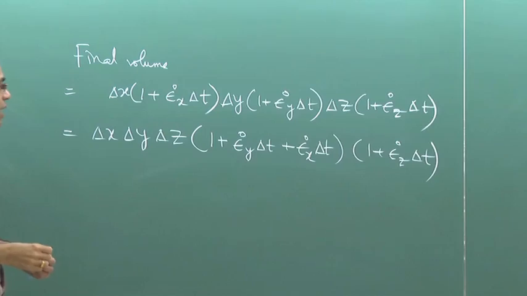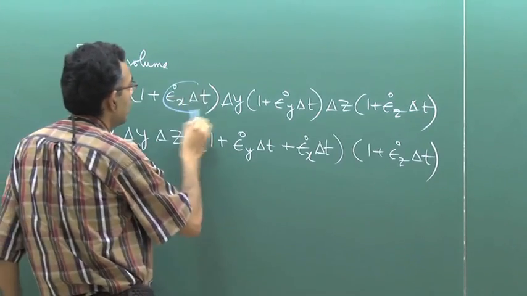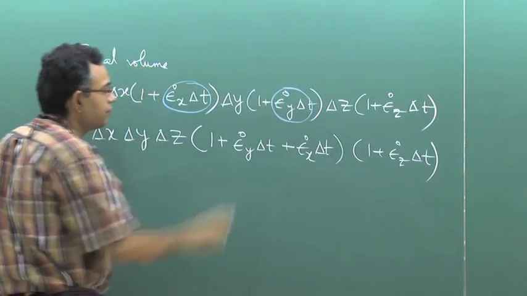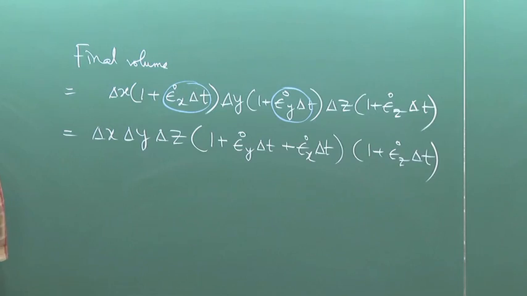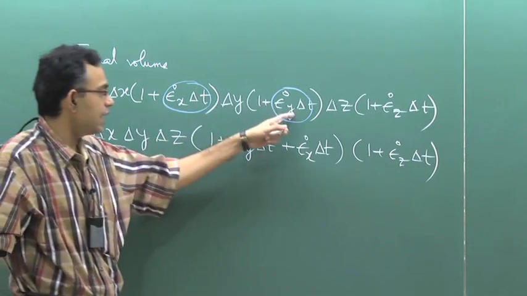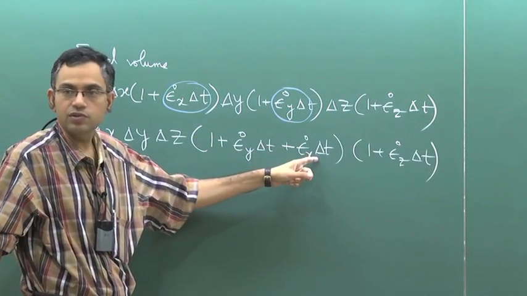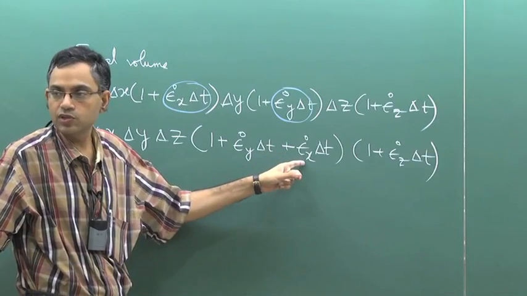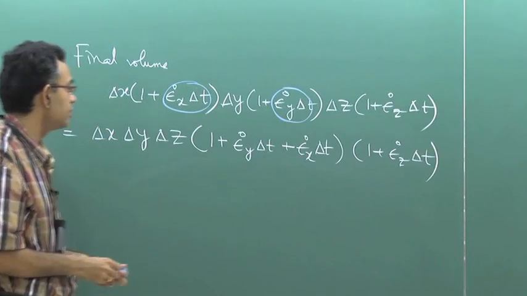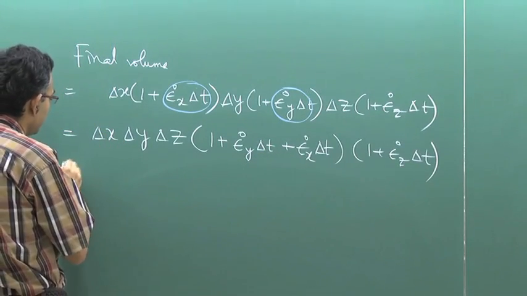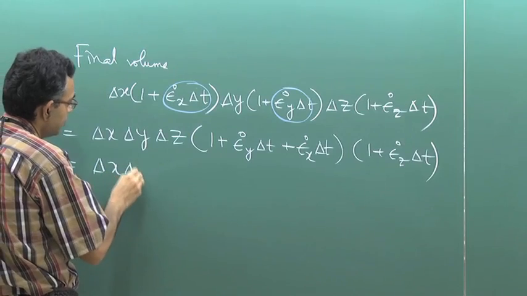So, while simplifying we have neglected the product of these two terms, that is of the order of delta t square, as compared to the other terms which are of the order of at most delta t. Again we can do one more step.